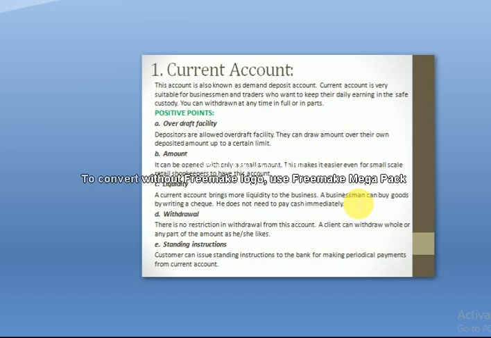There is no requirement from the side of the bank that you should maintain a minimum balance in your account. So that's why this is called a zero balance account.